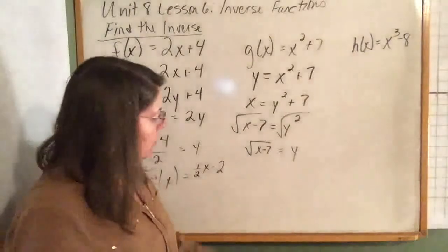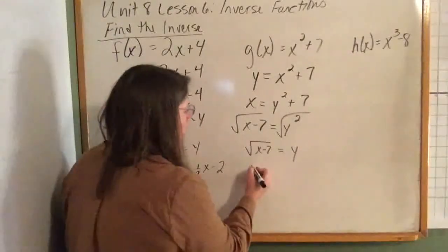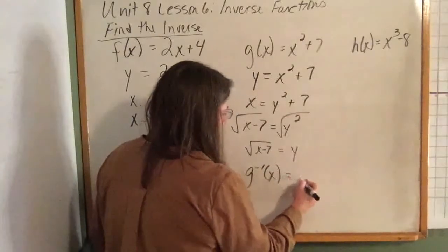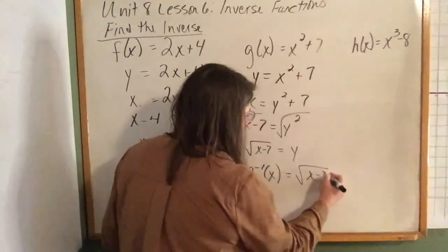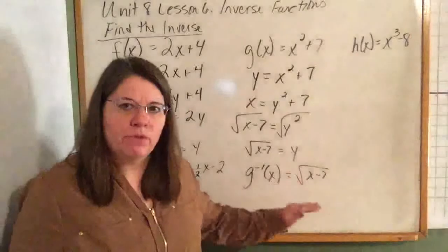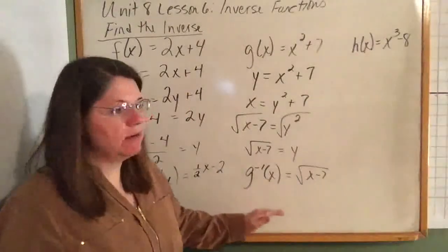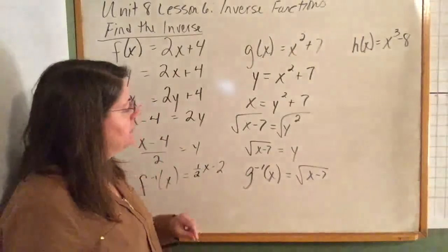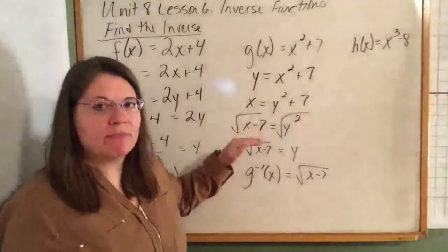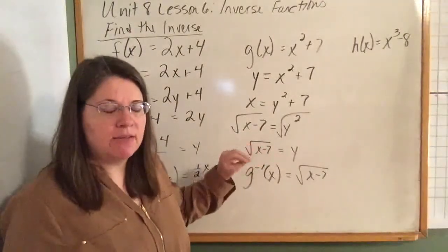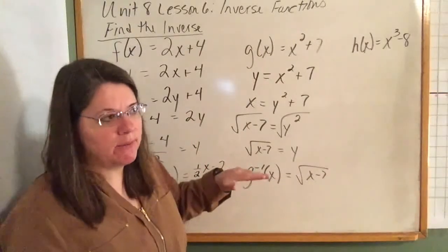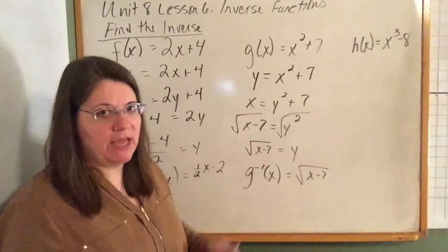So the inverse of g is equal to the square root of x minus 7. For this one, since we're talking about the inverse of g being a function, we do not need the plus minus symbol here, because if you think about what that function would look like if it is symmetrical about the y equals x line.